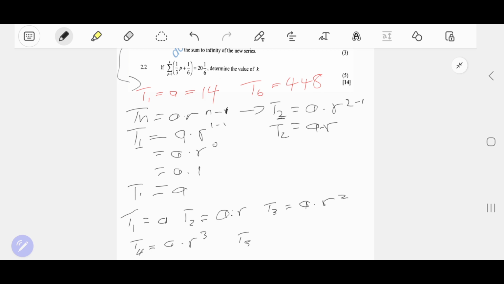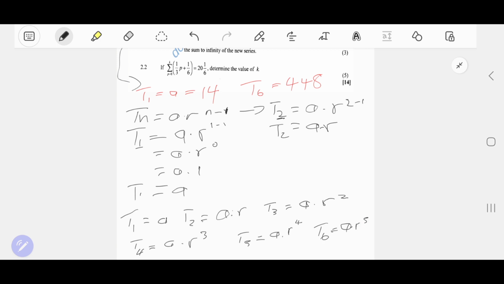Your T5 will be equal to a multiplied by r to the power of 4, and your T6 will be equal to a multiplied by r to the power of 5.